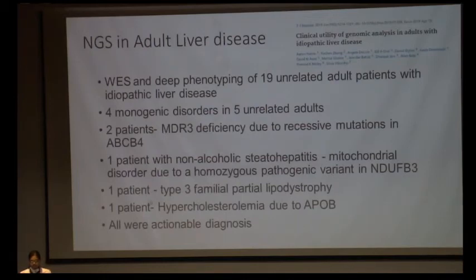Along with one patient each had a disorder in type 3 familial partial lipodystrophy and hypercholesterolemia. And an important pointer in the study was that all of these genes identified were actionable. So all of them underwent a change in the management post the genetic testing.